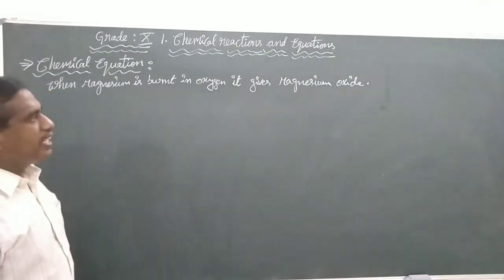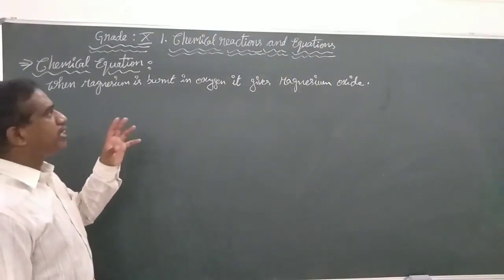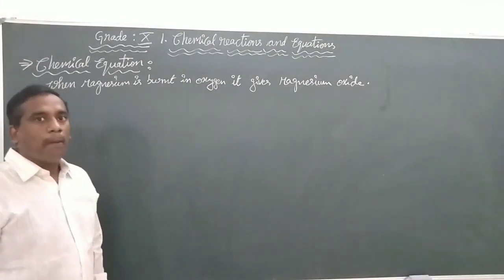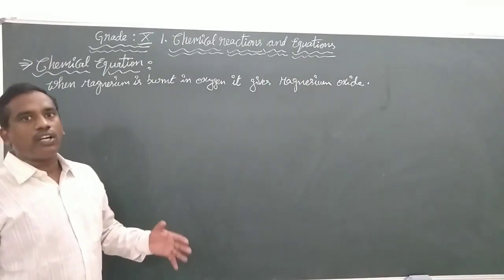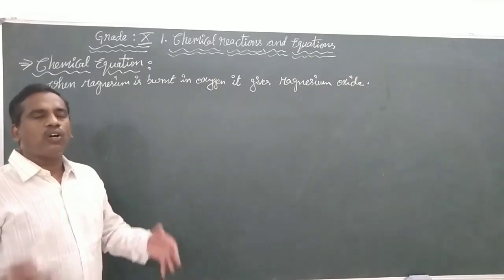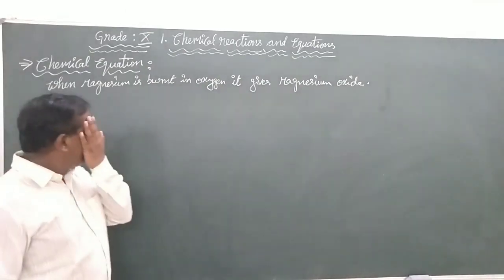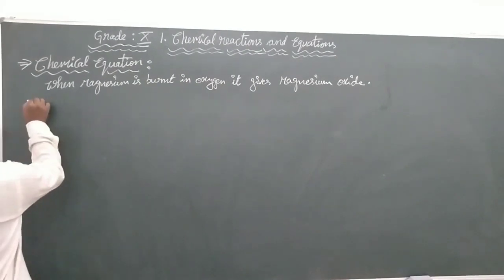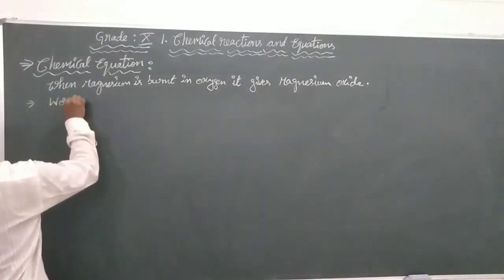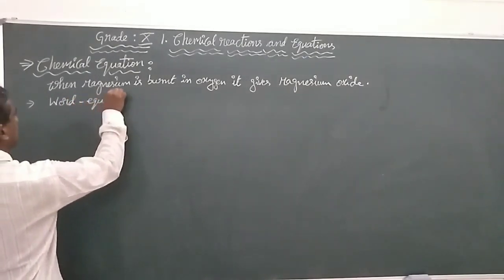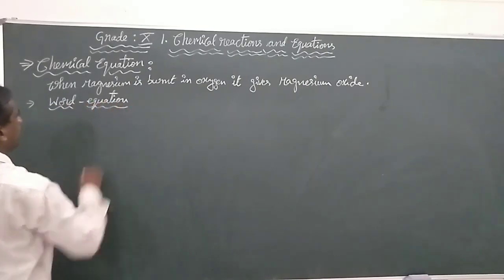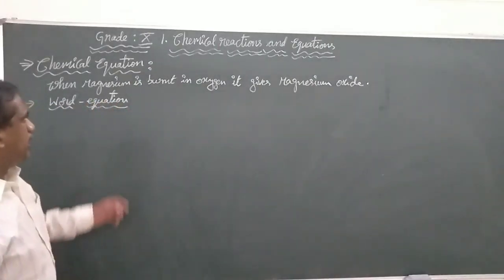We can say this is the chemical equation that was given in the form of a sentence. But every time we cannot write these chemical equations in the form of sentences. So to make it simple, we can write the whole equation in the form of a word equation.